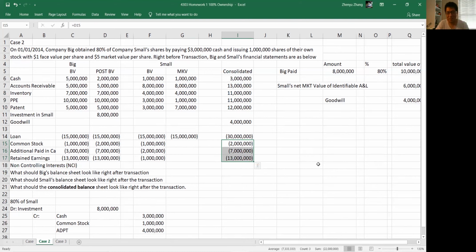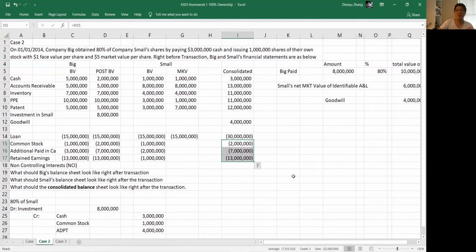It's a similar calculation. Big paid 8 million for 80% of small. So the total package is 10 million, but Big only owns 8 million. You see what I mean?